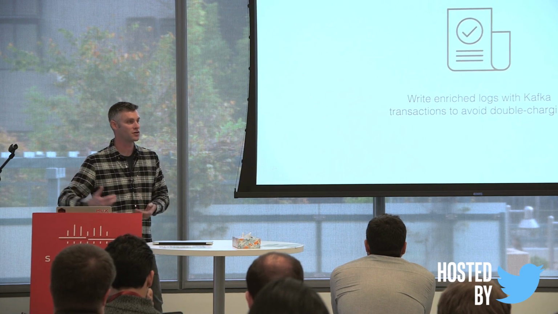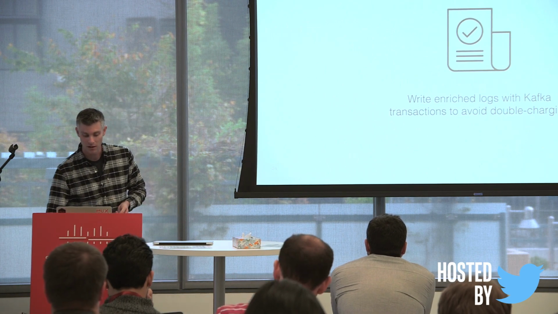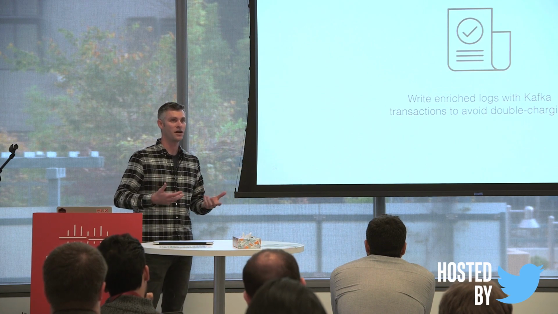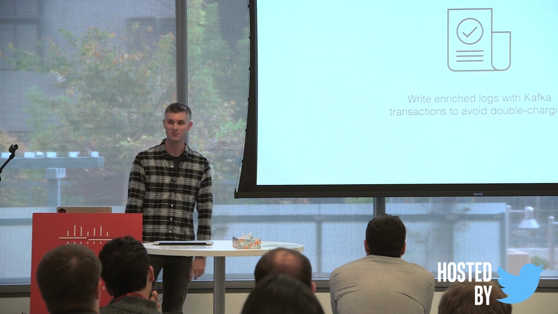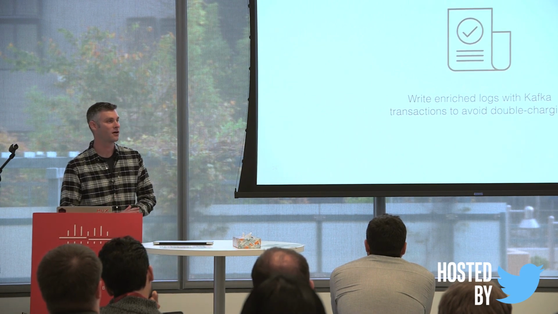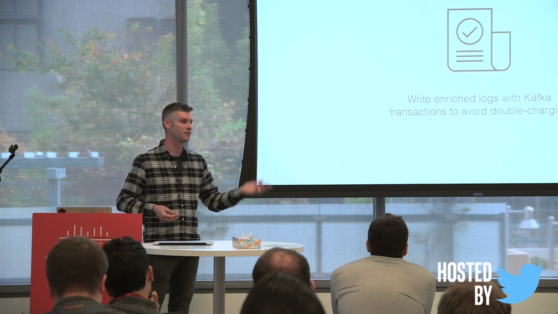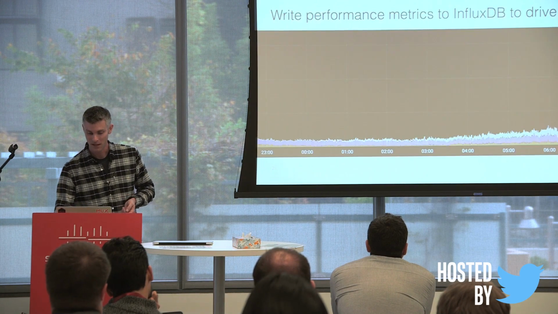So downstream consumers only process committed Kafka messages. This is important because we don't want to process enriched log records multiple times, aka double billing or double charging. So we have those exactly once processing guarantees, courtesy of Flink and Kafka, which is very cool.